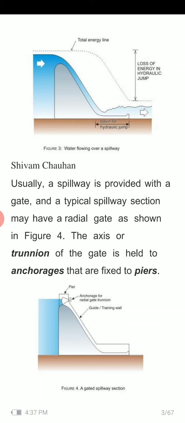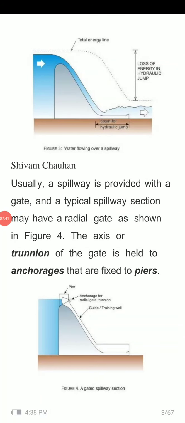Now if we move forward on the spillway, it is provided with a gate, and a typical spillway section always has a radial gate, as in figure 4. The axis or trunnion of the gate is held by anchorages fixed to piers.